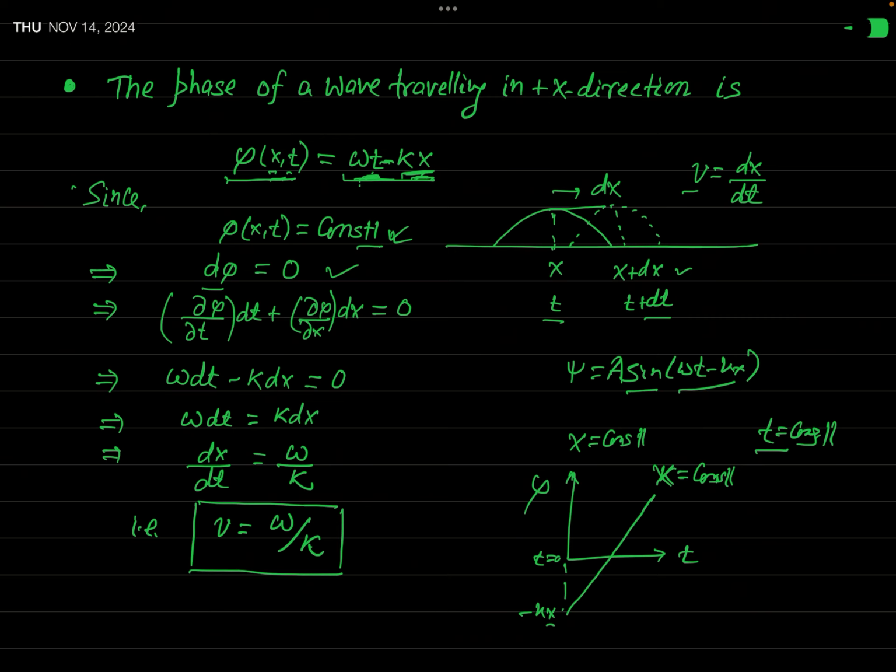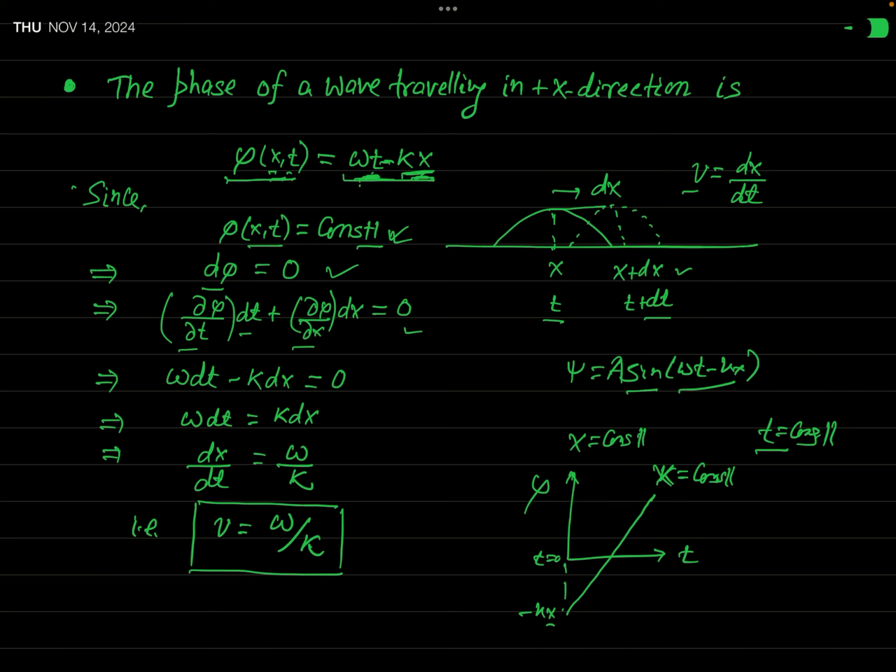Phi of x,t is constant, so d phi will be 0. Now phi is a function of two independent variables x and t, so when you find its differential change, you must follow the rule of partial differentiation. So d phi will be equal to del phi by del t times dt plus del phi by del x times dx, and that will be equal to 0.